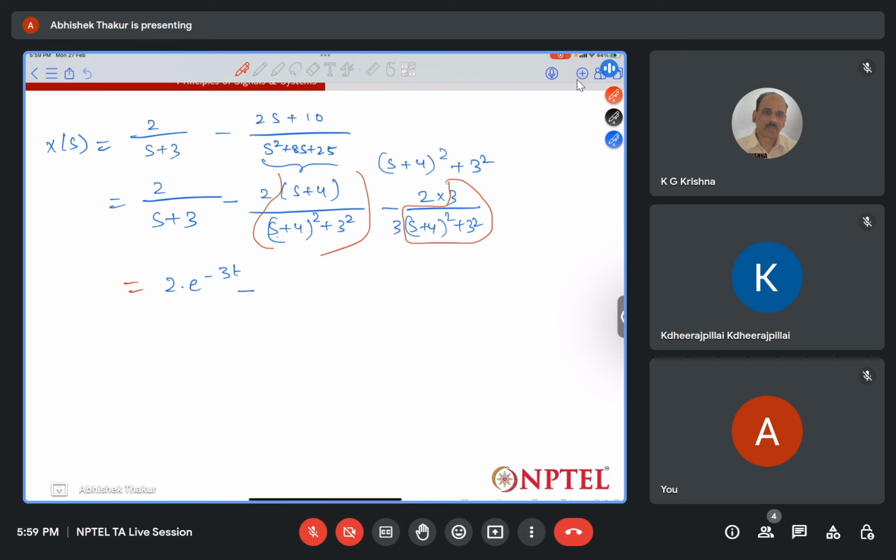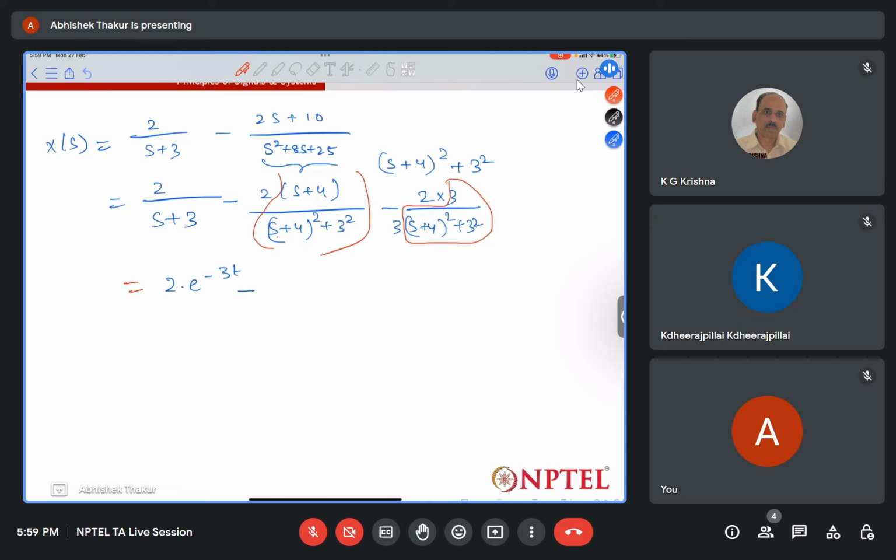So here it will be 2 e to the power minus 4t cos of 3t, and here again we'll write 2 by 3 e to the power minus 4t sine of 3t, because it is s plus 4. So we have to do a small manipulation according to our denominator and numerator function.